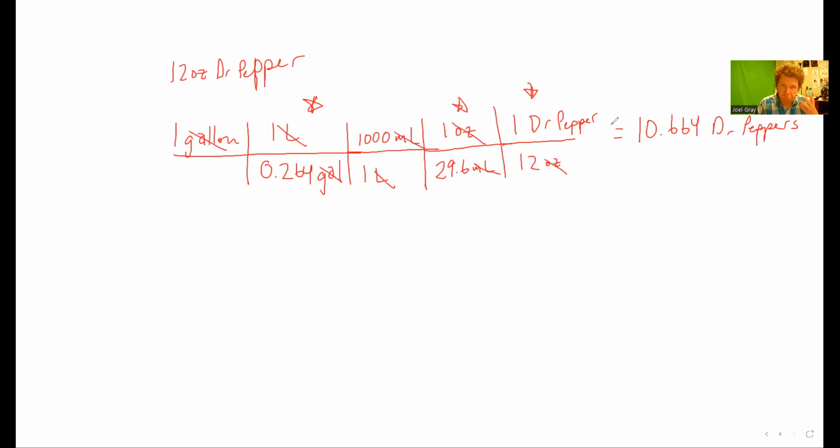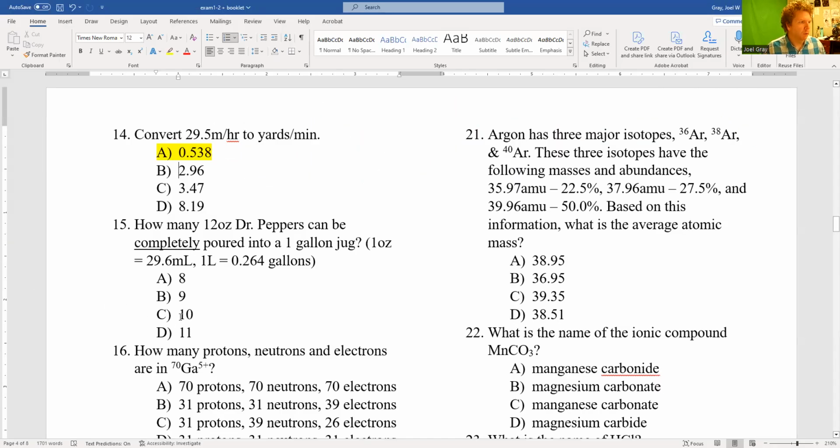I'm left with Dr. Peppers. Now, this question was asking how many Dr. Peppers can be completely poured? Well, I figured out that 10.664 Dr. Peppers could be poured. Well, 0.664 is not 1 complete Dr. Pepper, it's 0.6 Dr. Pepper. So my best answer is C, 10.